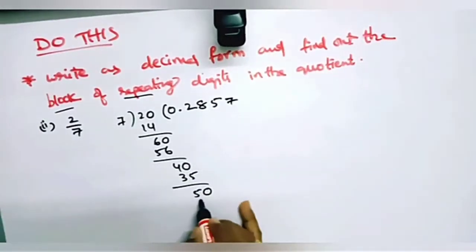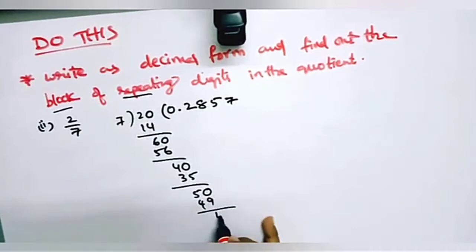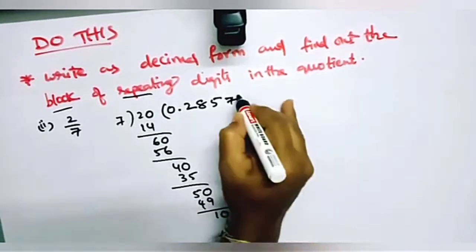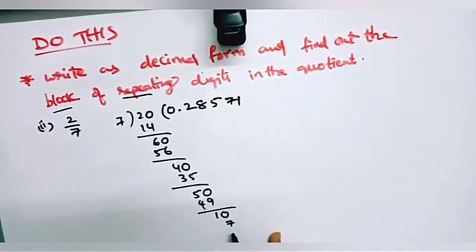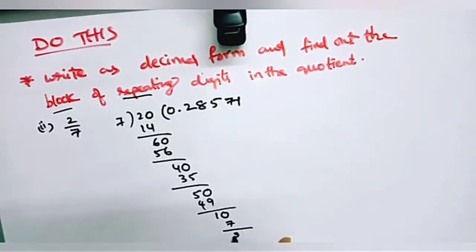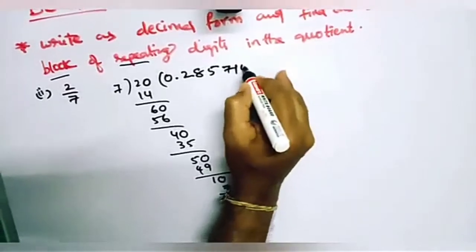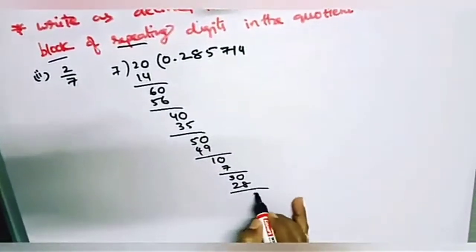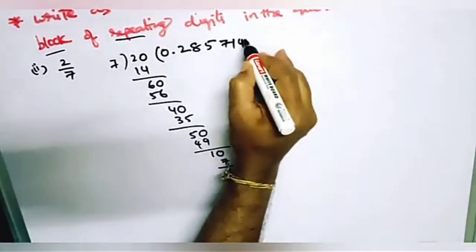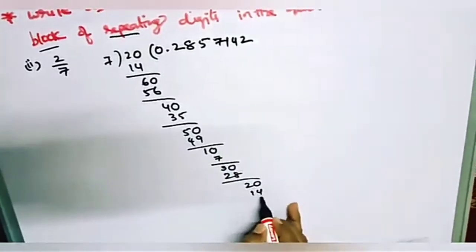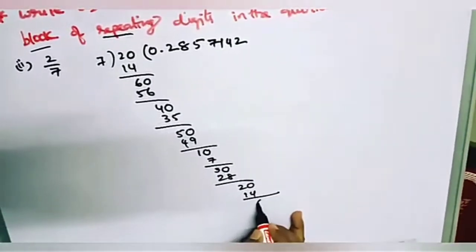Then 7 times 7 is 49, again 1, 0. Then 7 times 1 is 7, then you will get 3, 0. Again 7 times 4 is 28, then 2, 0 will come. Again 7 times 2 is 14. The next will become 6, 0.